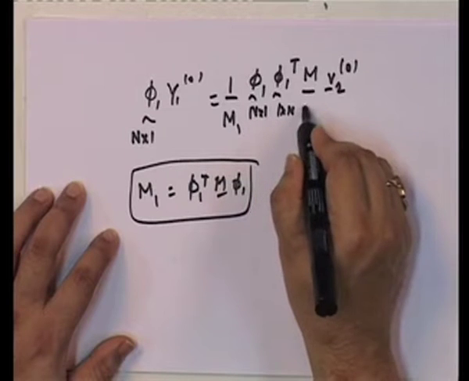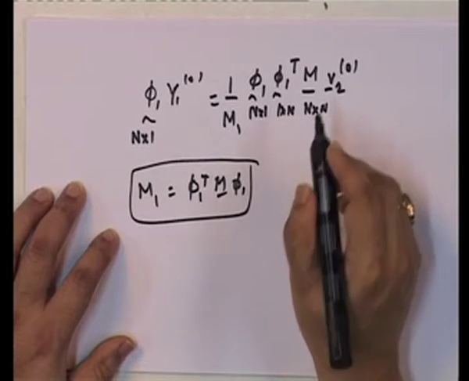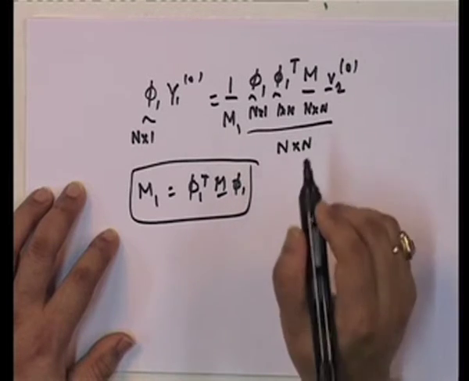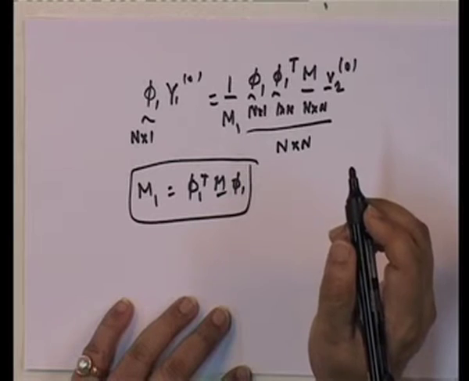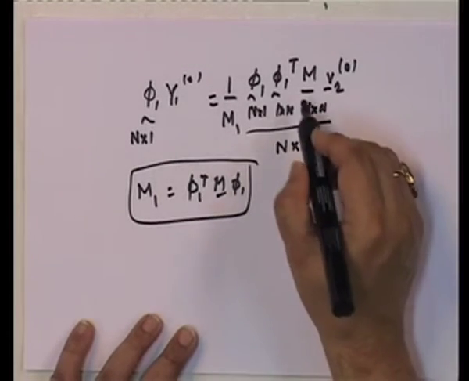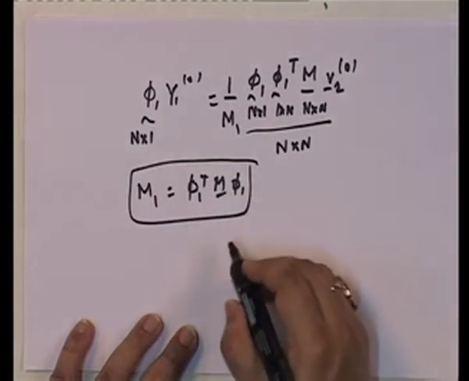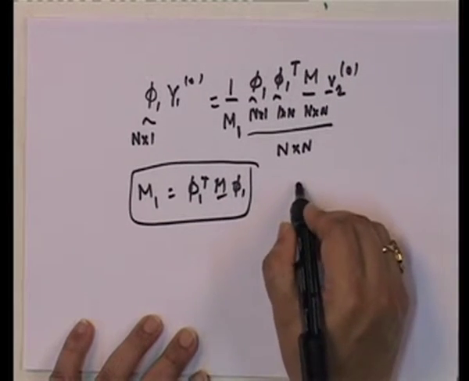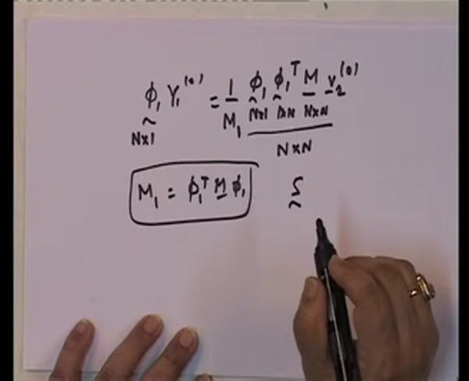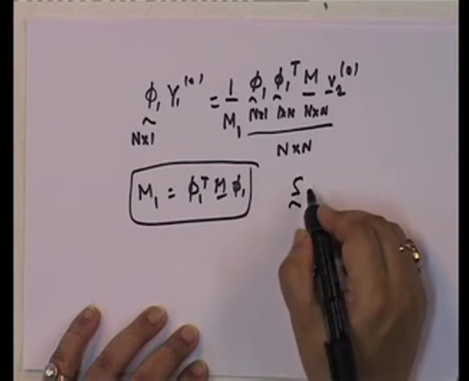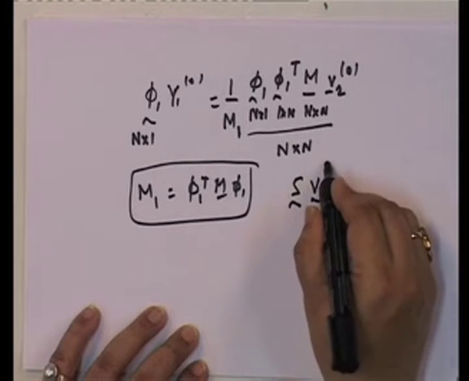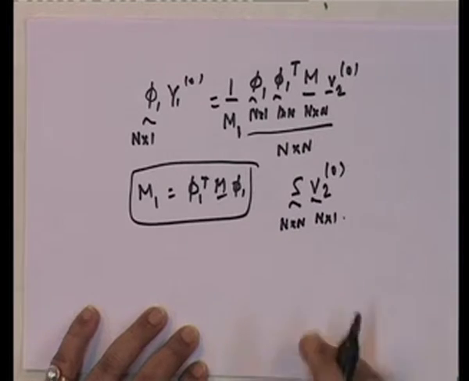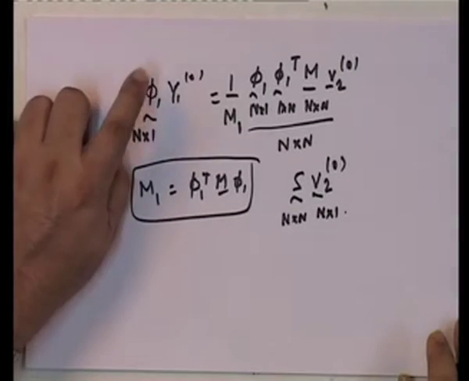This is 1 by n. This is n by n. So if you look at this multiplication, this is nothing but an n by n. Okay, so this n by n matrix normalized with this, I'll call this as my S. Okay, so this is S into V2 0, where S is an n by n and V2 0 is an n by 1.